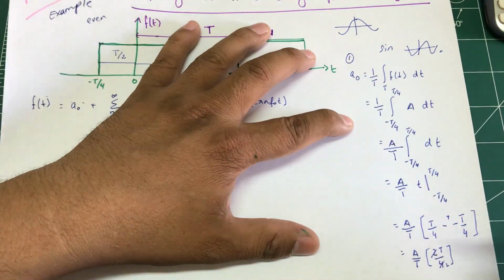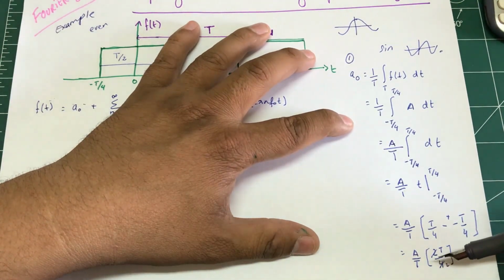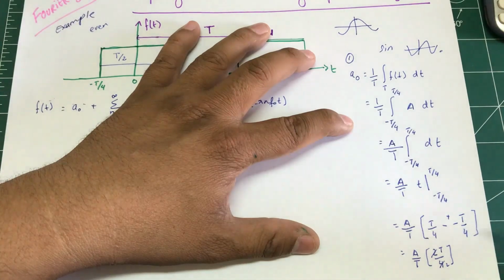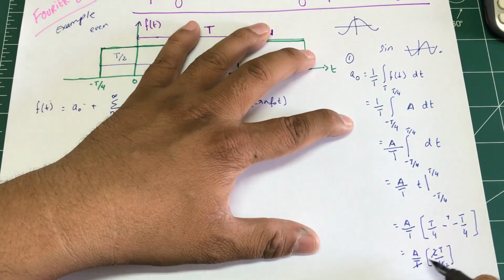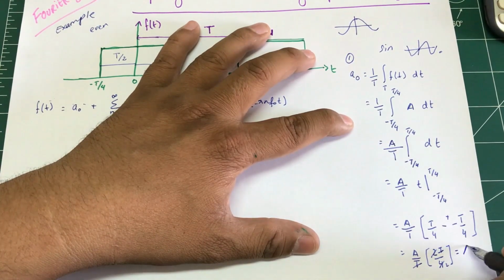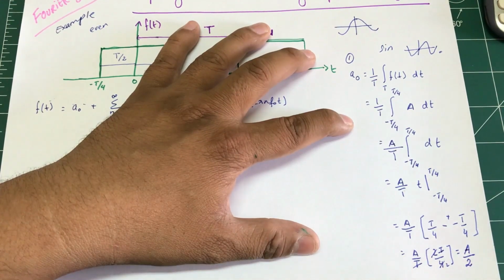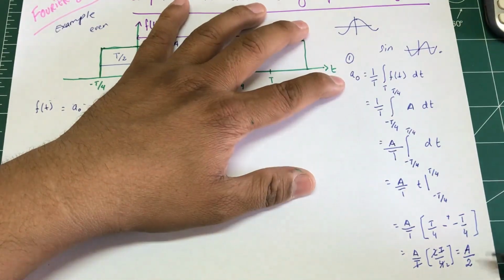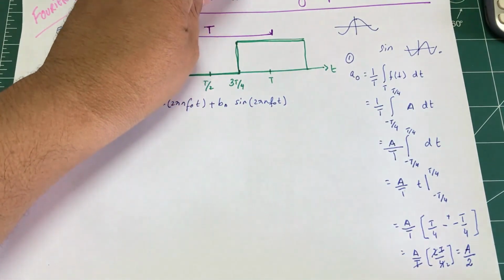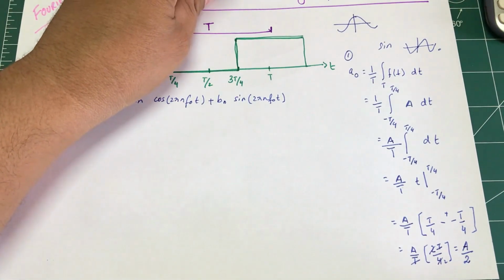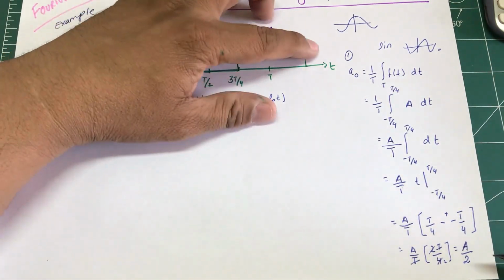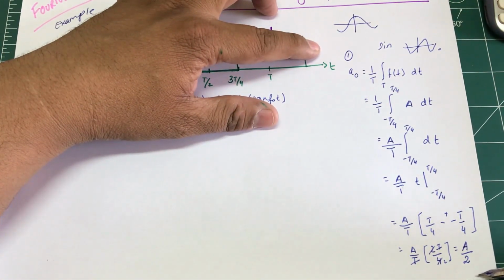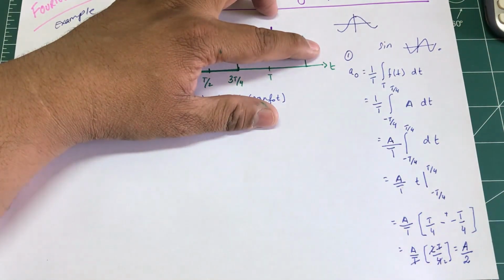Of course, this is just 1/2 because you have 2 on top and 4 on the bottom. And then the T here and the T here will cancel out. So you will end up with your a naught being A over 2. The DC component is just A over 2.